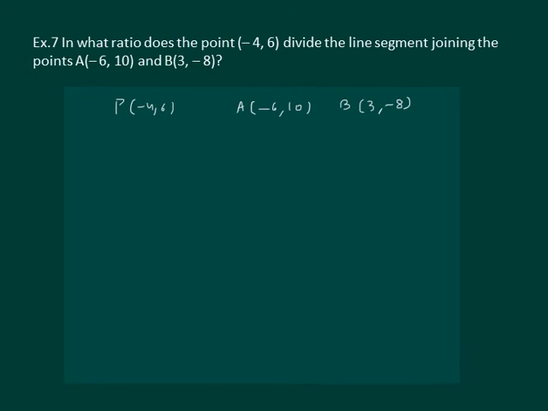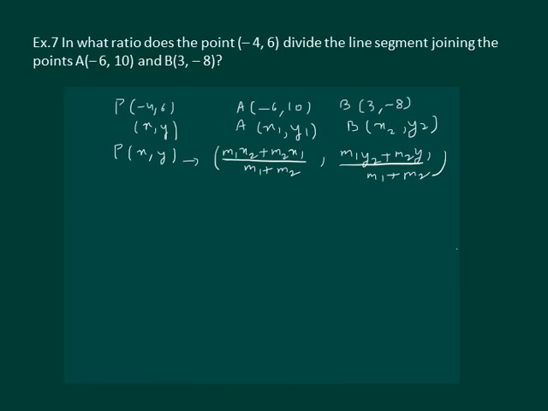Let us look at an alternative method. Let us assume that P divides AB in the ratio m1 is to m2 internally. Then we know the section formula. Let us substitute the values.